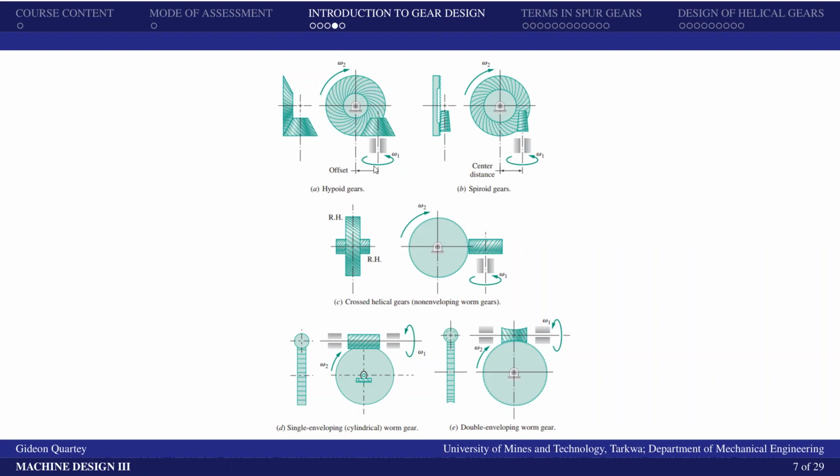Then we also have the spiroid gears. So spiroid gears are also arranged in this form, right? In this form here, the gear is in the form of a spiral. And you see the pinion, if you look at the pinion, it's more of a screw in shape.